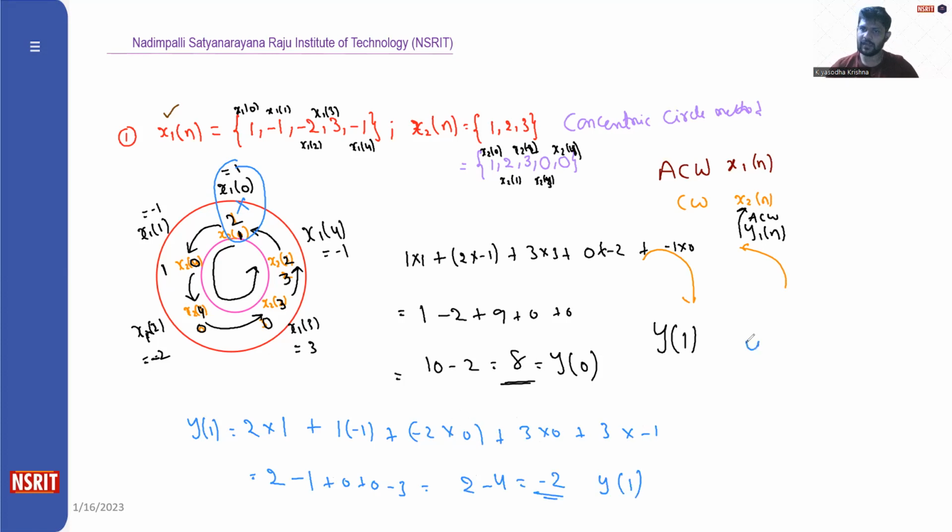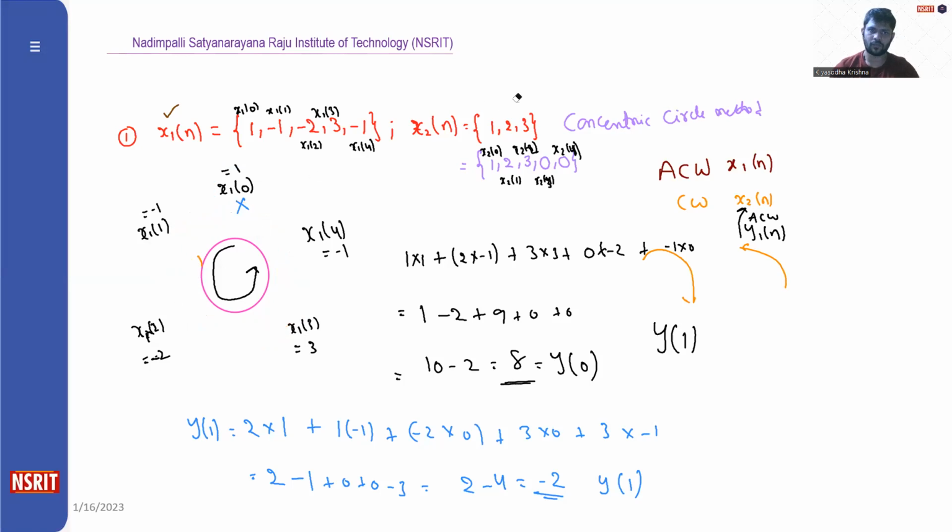Similarly, to calculate y of 2, here x1 of 0 is written initially and the x2 circle is shifted again: x2 of 0, then x2 of 4, x2 of 3, x2 of 2, and x2 of 1.